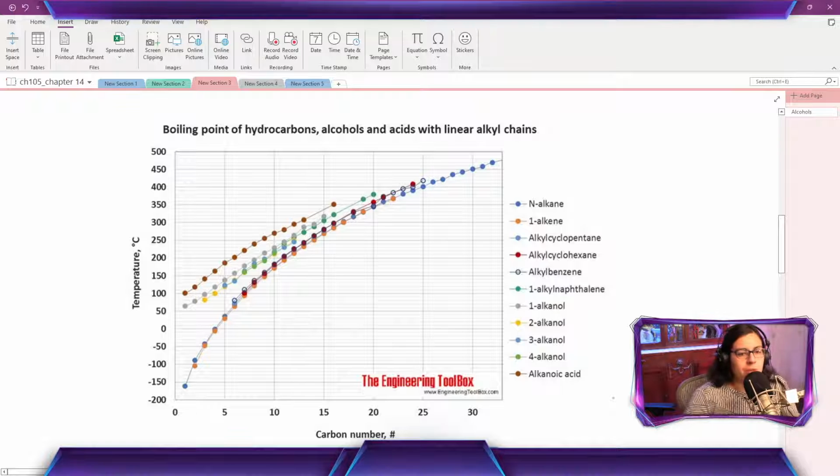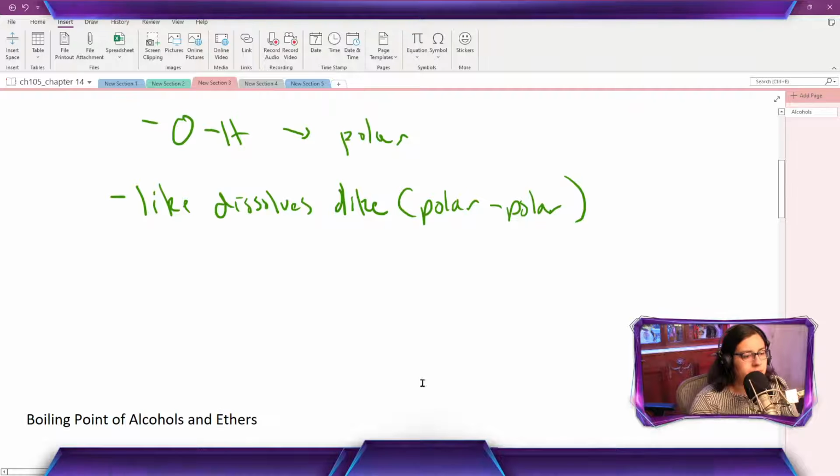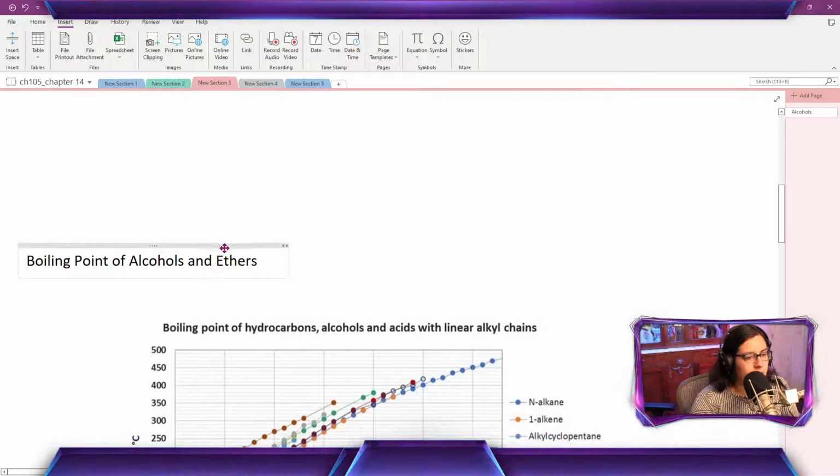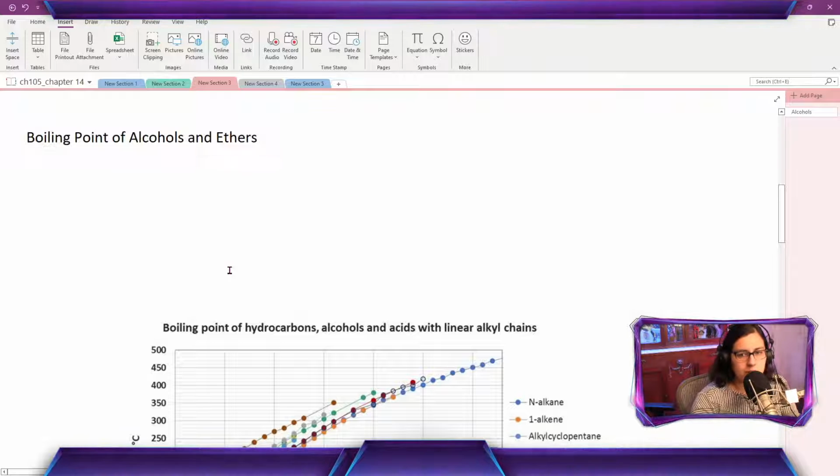Where are ethers? I don't think there are ethers in this graph, unfortunately. But alcohols will have relatively high boiling points.